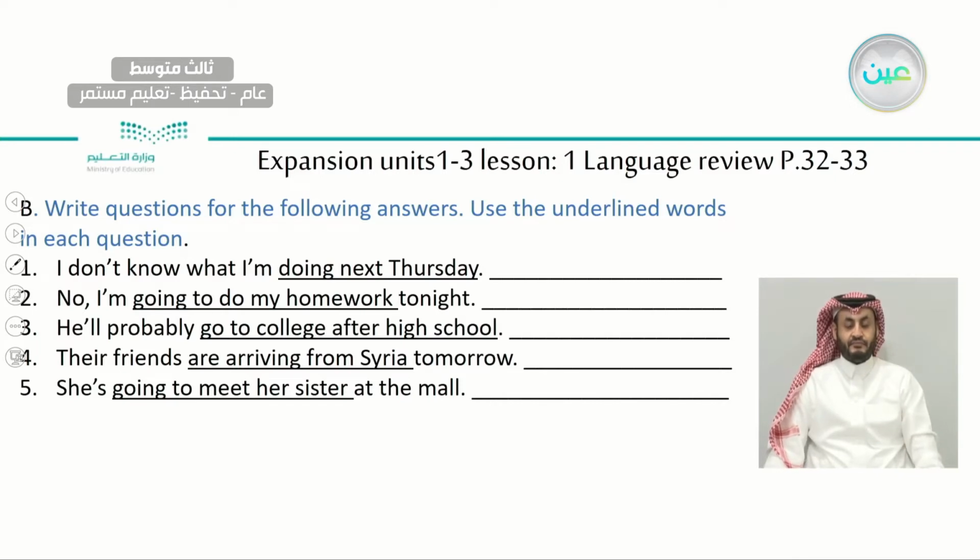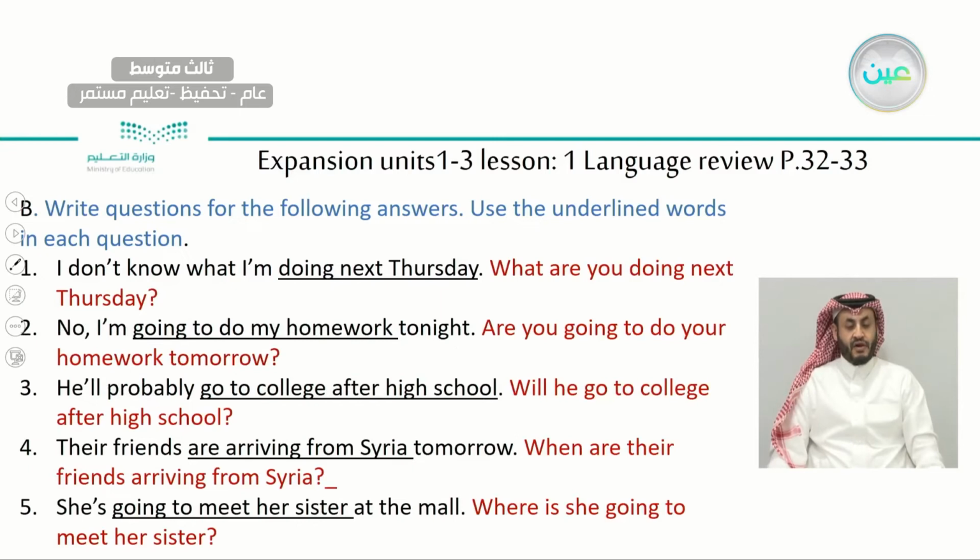So try to answer the following ones. Pause the video, think about it, discuss it with your friends, talk about it, how can you answer these questions, and then let's see the answers together, okay? What are you doing next Thursday? This is for number 1, we did it together. And number 2, it starts with no. So we have to form a yes, no question.